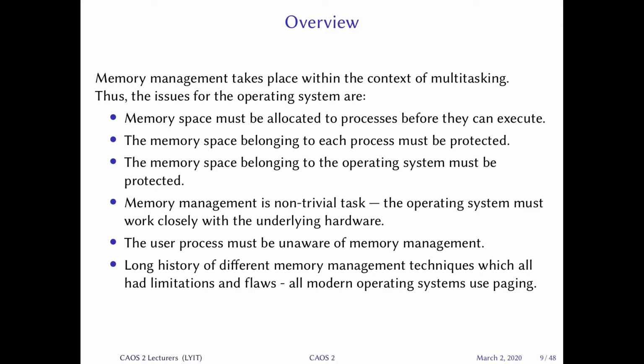Likewise, the third point there is also very, very important. The operating system, and by that we mean the kernel, its address space must also be protected. If it's not protected and ordinary processes can see and also access the memory space of the kernel, then effectively what you have is the subversion and compromise of the most important entity in the system, because one of the key features of the kernel is that it's privileged.